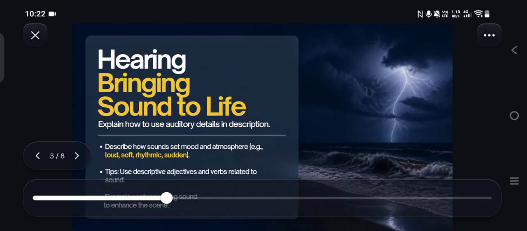In this we can see thunderstorm sounds or lightning, so we can mention this. We also have to show how the sound is, whether it's loud, rhythmic, sudden, or soft.